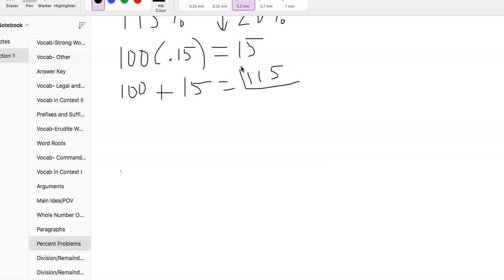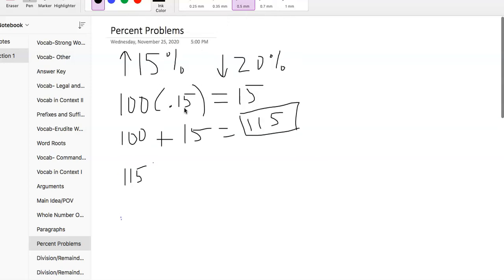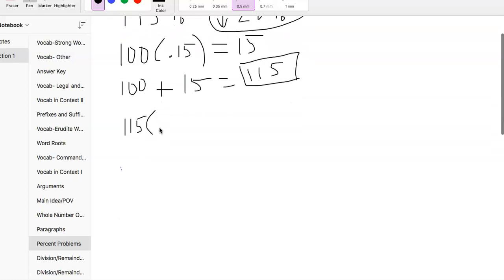So at the end of the first month, we have 115. Then as the second month starts, we have that 115, and it went down 20%. So we have our 115 times 0.20, and 115 times 0.20 is 23.